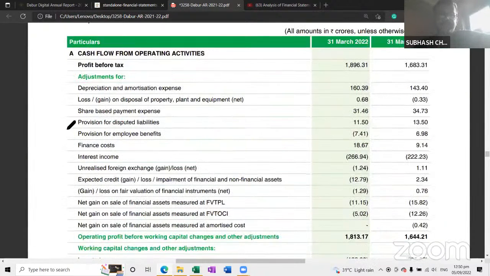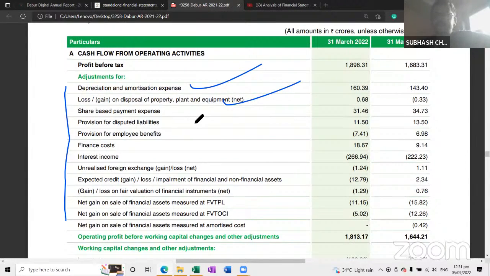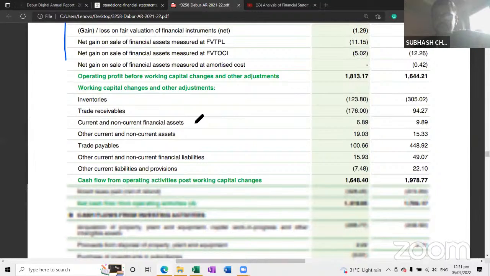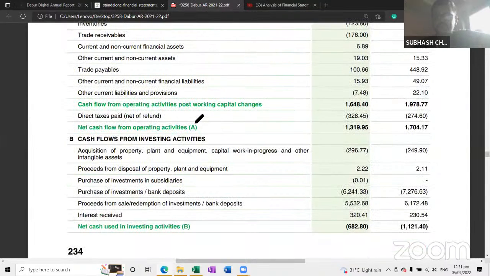Now see, your profit is 1896, depreciation and amortization. Basically the cash flow from operating activities, then investing activities, then financing activities, and finally you will get the cash flow statement and your cash account will tally. Basically see the profit and loss account and the cash flow. The profit is from the total activities, both operating and non-operating.